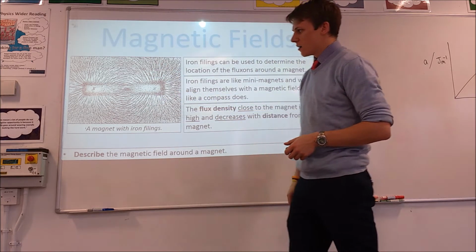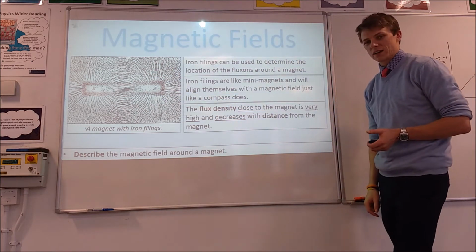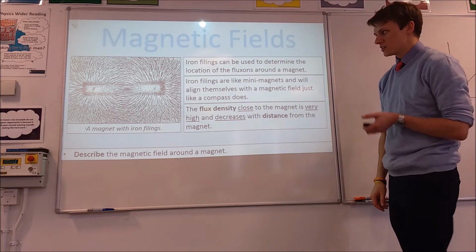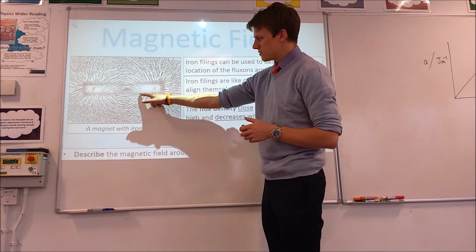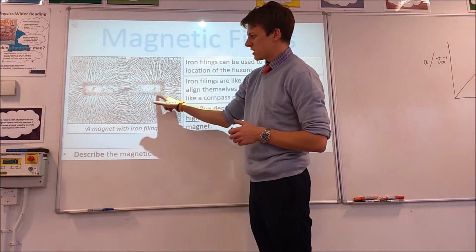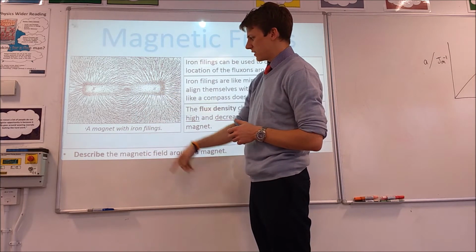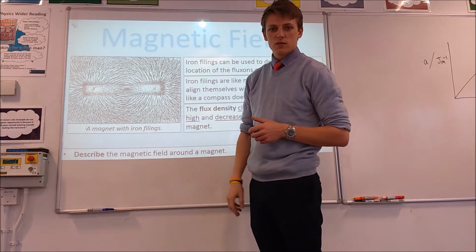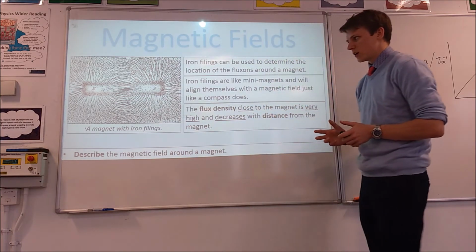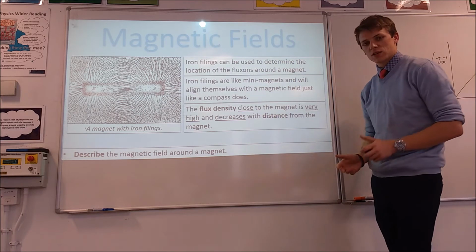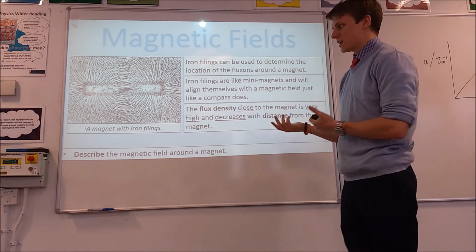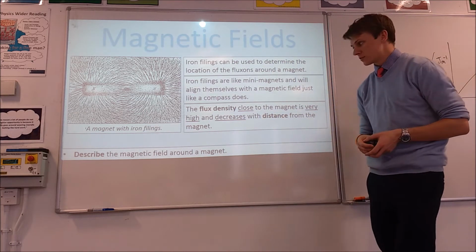So this is typically what a field around a bar magnet really looks like when we directly map it. We can see there's way more flux lines here, so there's a higher flux density around the magnet, and the further away you get, the smaller it gets. So we can see what I was talking about in action, and it's because iron is naturally a magnetic material, so it will align itself with magnetic fields.